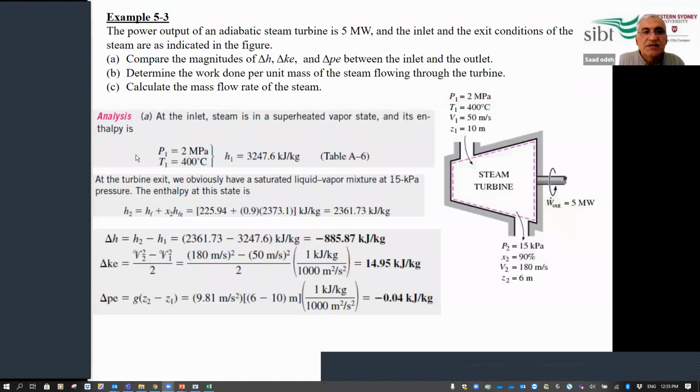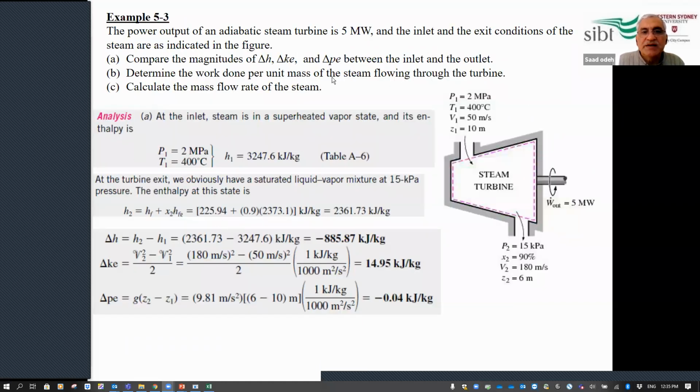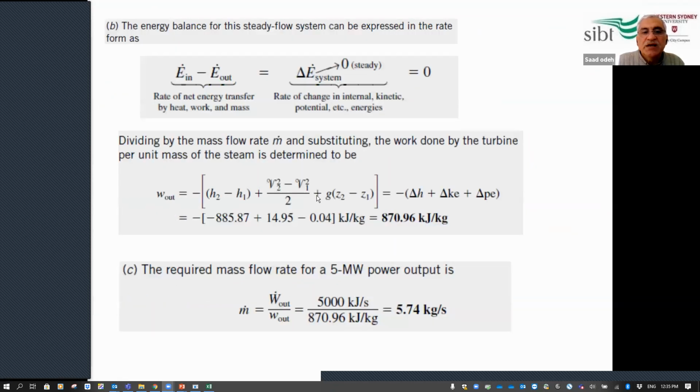So the other part is to determine the work done per unit mass of the steam flow through the turbine. So you need to find out the energy equation. But actually, we know the work here, so we don't have to apply the energy equation because we're already given this power. So if you have the power in kilojoule per second, if I know the energy equation, I can get the work per kilogram.